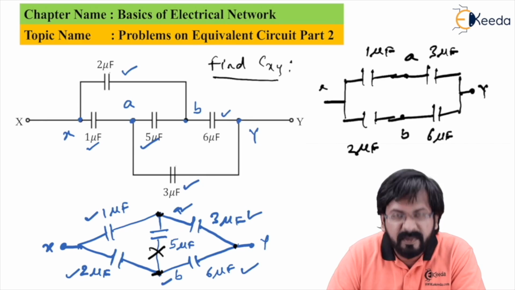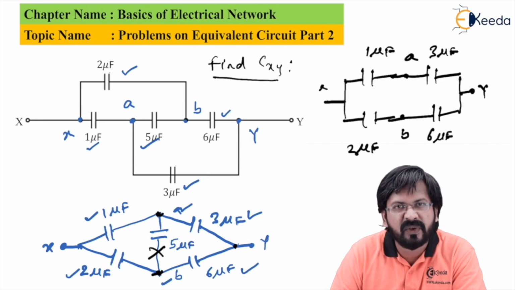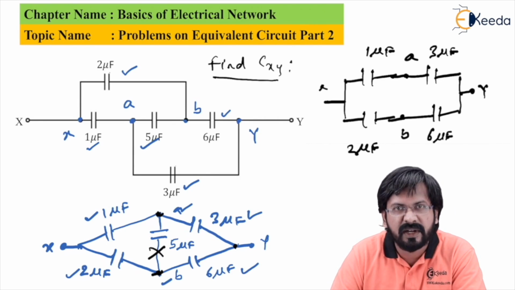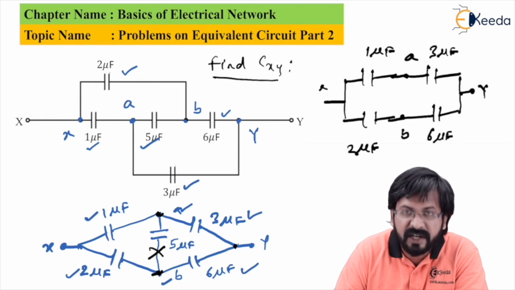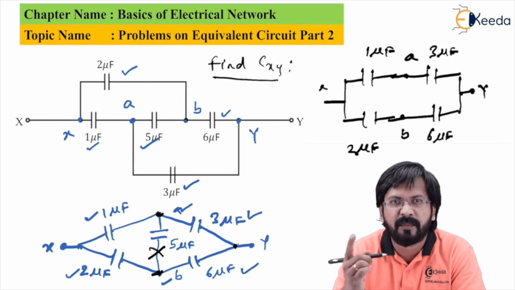Now it is very easy. 1 microfarad and 3 microfarad in the upper branch are connected in series. 2 microfarad and 6 microfarad are again in the lower branch connected in series. Having their equivalent capacitances will be like this. For the upper branch, where 1 microfarad and 3 microfarad are connected in series, equivalent can be taken as 1 into 3 upon 1 plus 3.